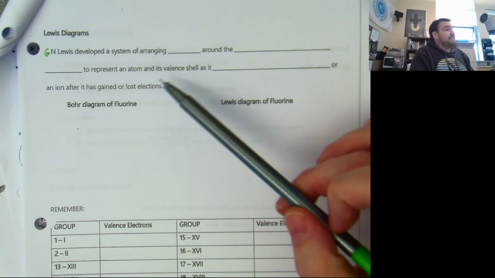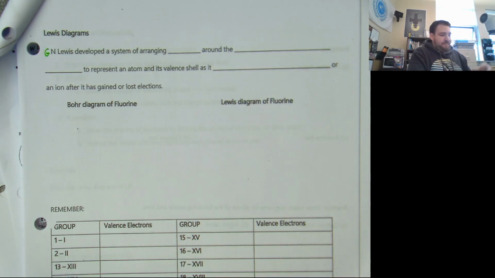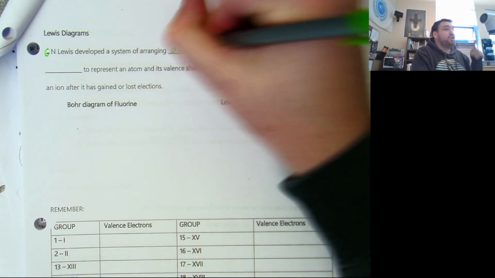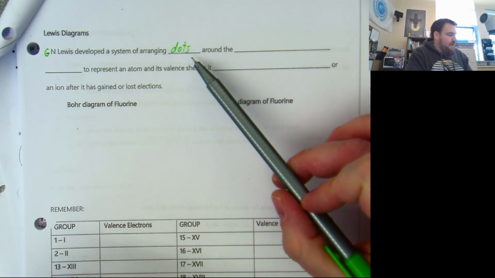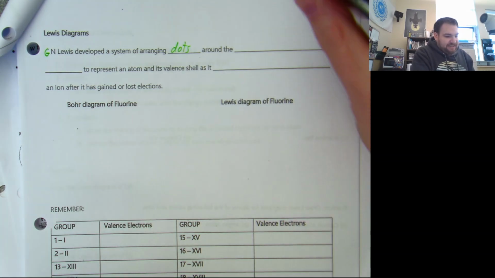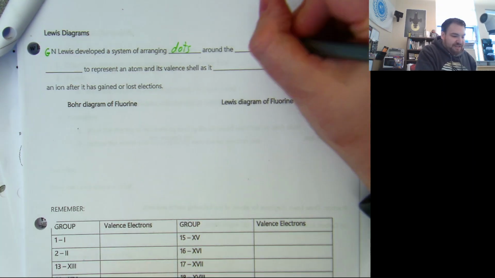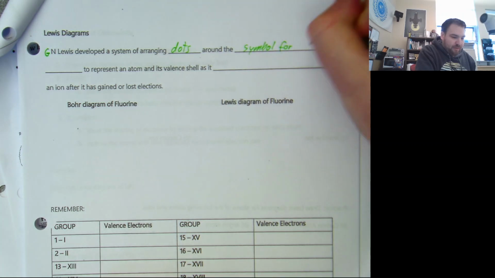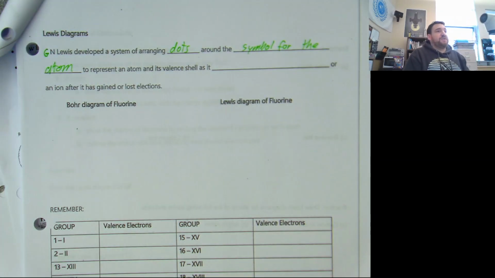So he developed a system. He took Bohr's diagram and condensed it. He said, we're going to arrange dots, just like Bohr diagrams arrange dots. But here's how he changed things. Instead of doing anything fancy with the nucleus, we're just going to write down the symbol for the atom. Forget the protons, forget the neutrons. I can look that up on the table.